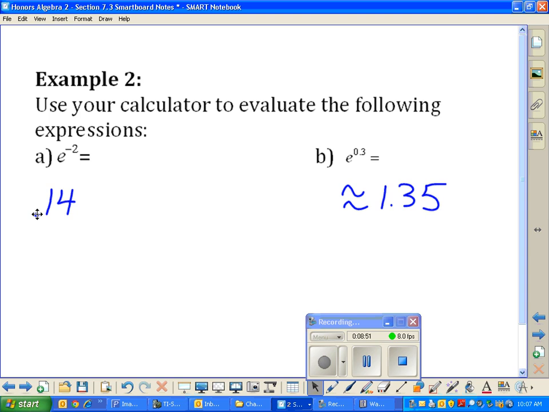If you take a look, when we had a negative exponent in example 2, we actually got a fraction for our answer. So you could convert your e value down to be a fraction, a number that is between 0 and 1. However, when I had a positive exponent, I ended up keeping my answer as a number that was bigger than 1. So this is our next slide.